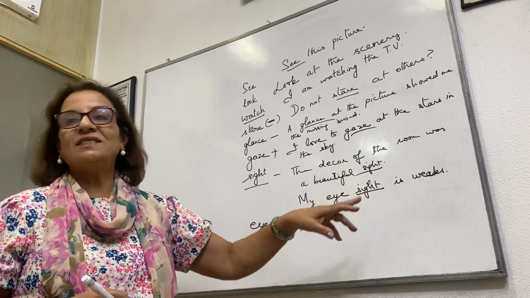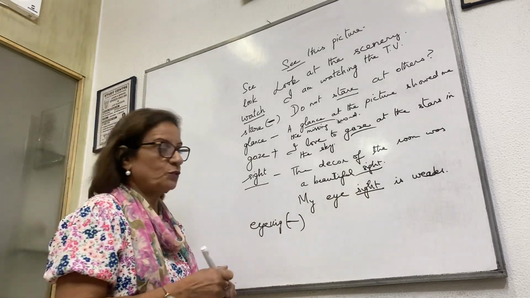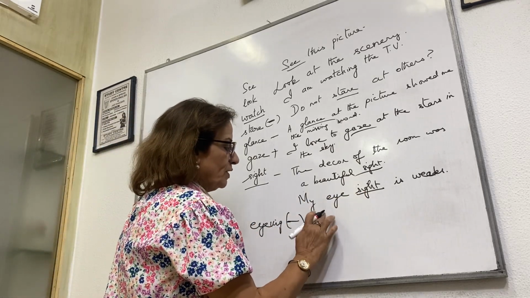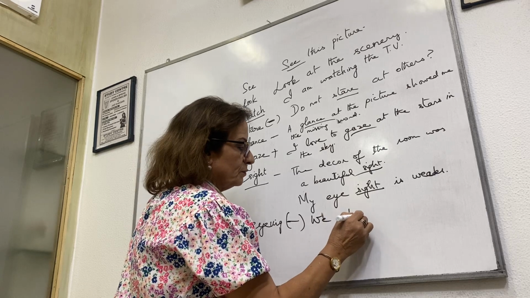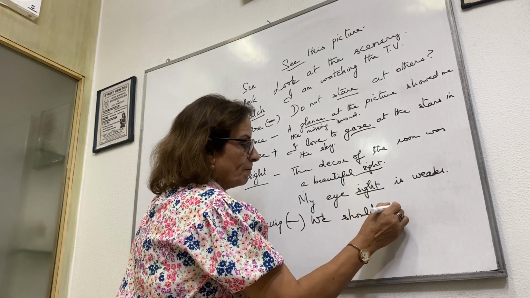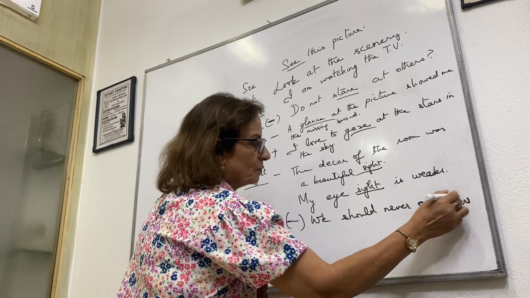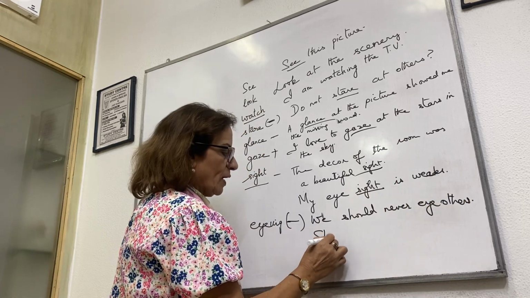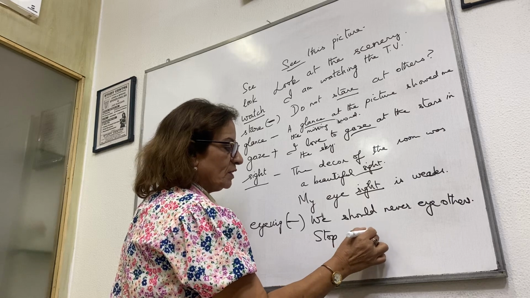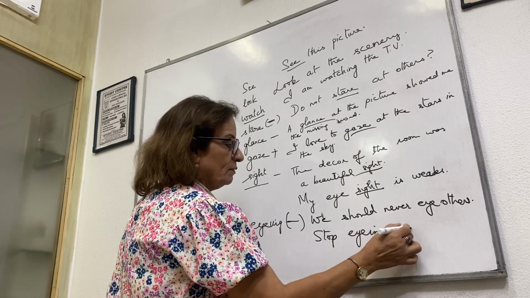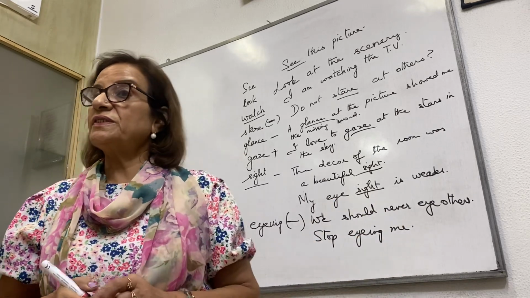My eyesight is weak. And eyeing: we should never eye others. Or we can also say, stop eyeing me. If somebody is going on looking at you for a long time, fixedly, then you can say, stop eyeing me.